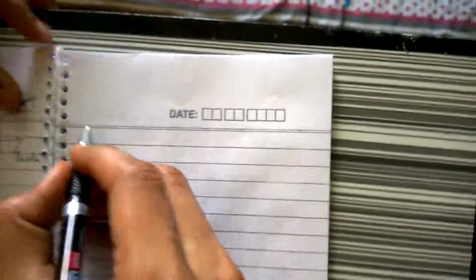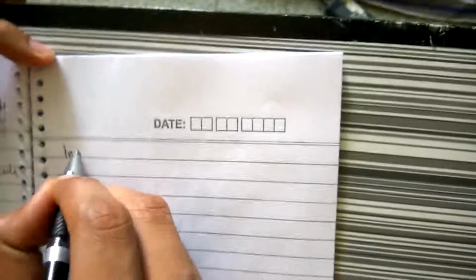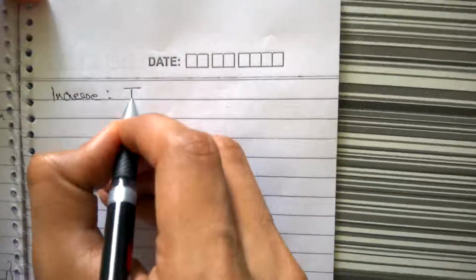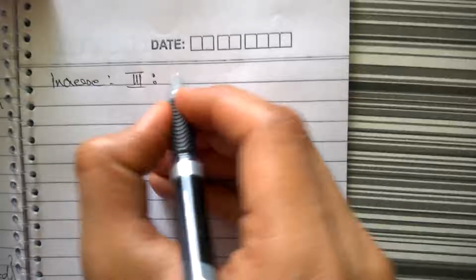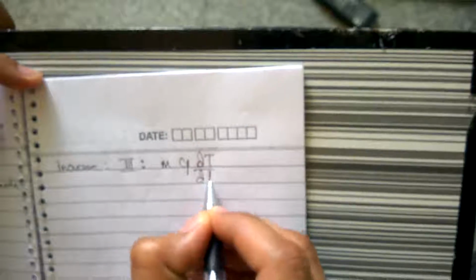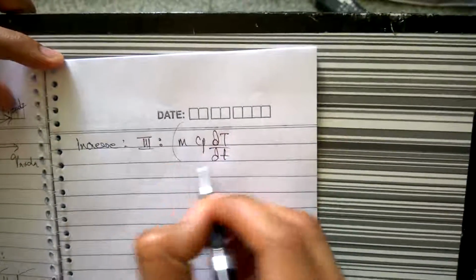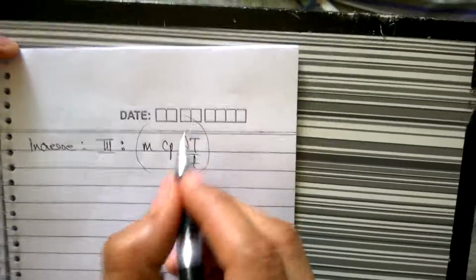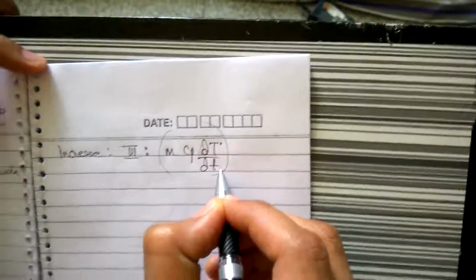Now coming to the increase in internal energy, right? This is our third term, as you mentioned. The third term is nothing but your m Cp dT by dt. How is this representing the increase in internal energy? This is the rate of change of temperature with respect to time.